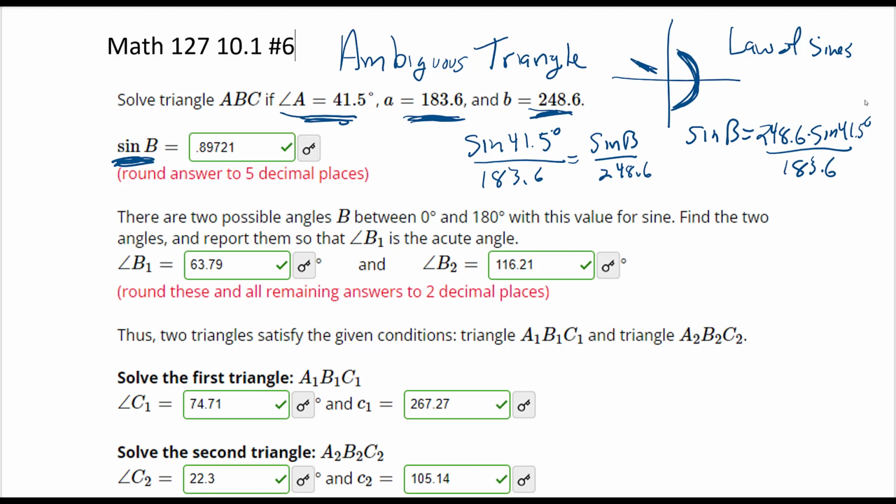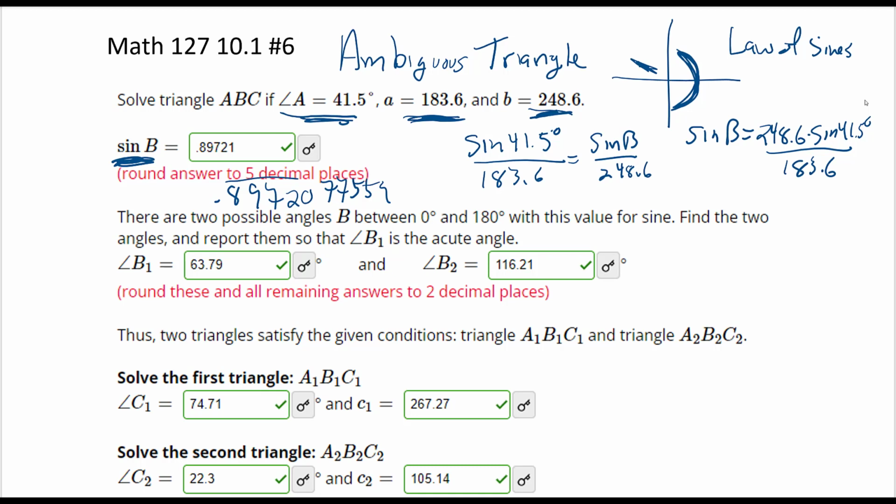So I got 0.89720775559. They say go to 5 places. By the way, when I'm doing problems like this, this number in my calculator goes to that 9, but actually it goes beyond that. This is just what's displayed. So I like to store values in my calculator as far as possible.